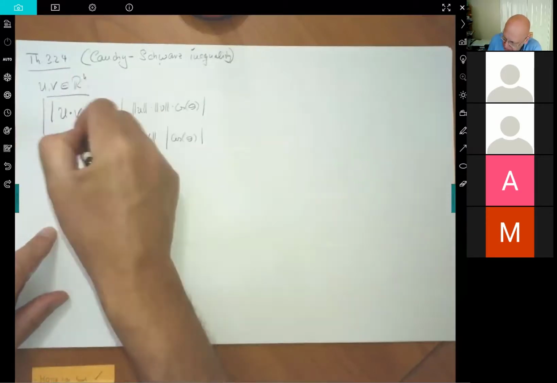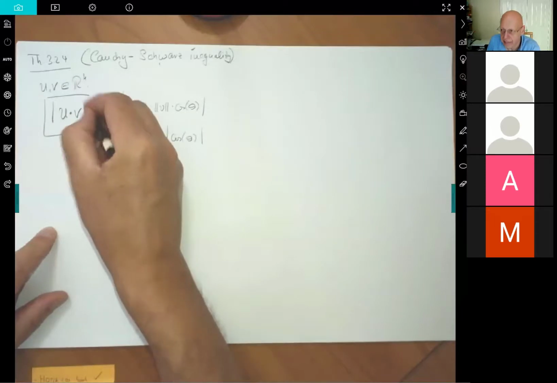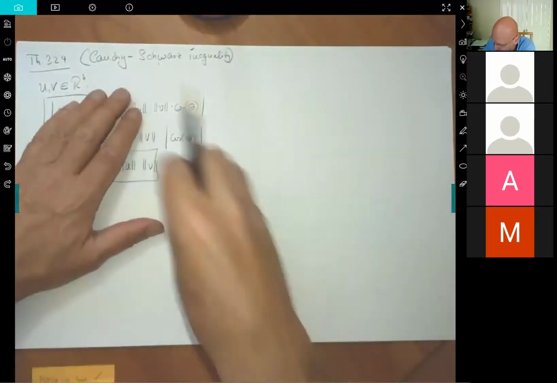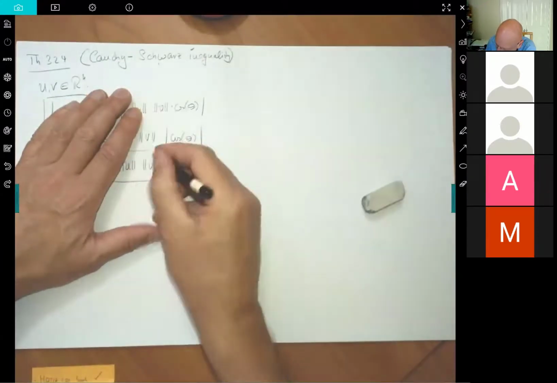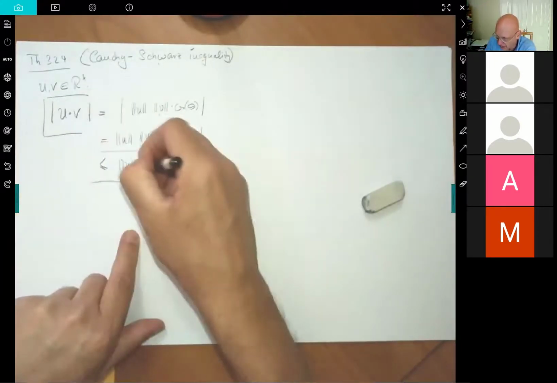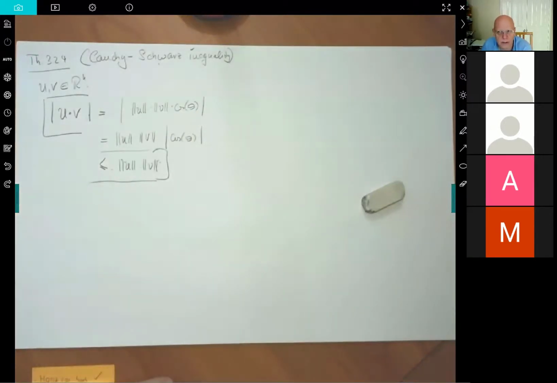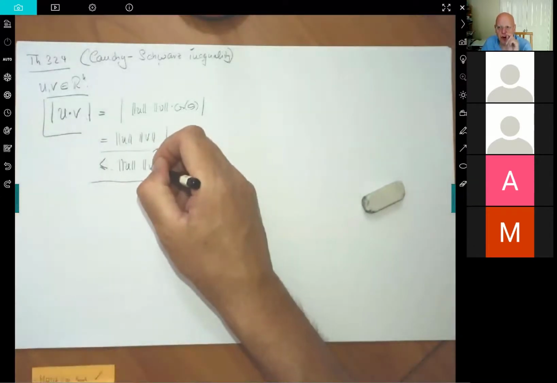So this here, the absolute value of u dot v, is smaller or equal to norm u times norm v. Sorry. This, smaller or equal, is what's called the Cauchy-Schwarz inequality. Very easy. Here, it turns out this is not only true for the Euclidean dot product, which we just saw.